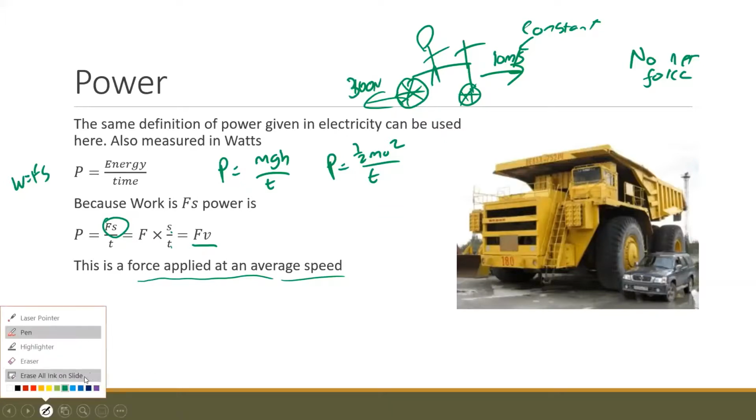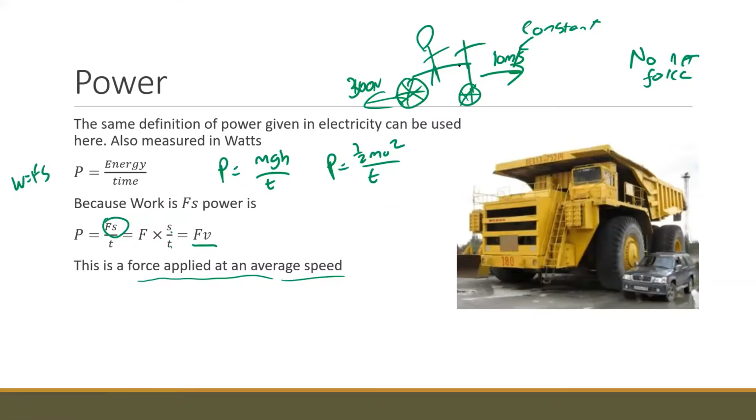In order to make sure that this has no net force, he must be pedaling forwards with a force of 300 newtons. So then we could say, well, what's the power here? Power equals force times velocity.